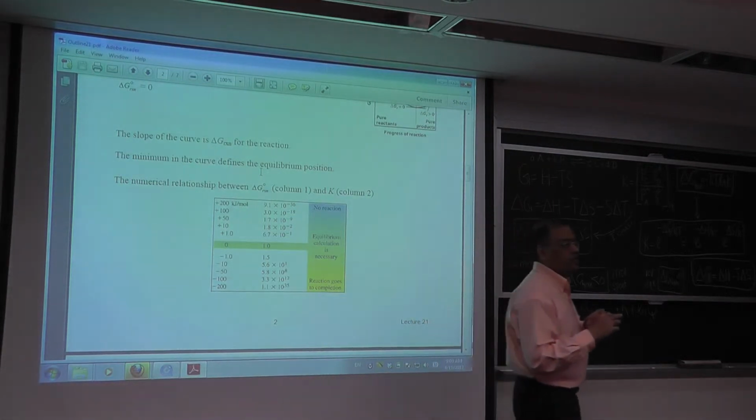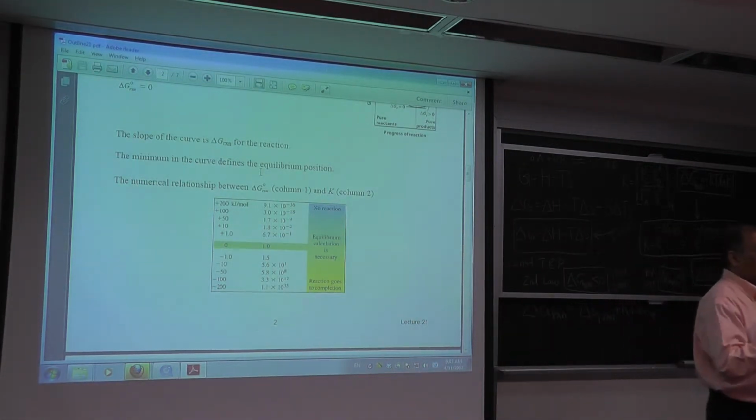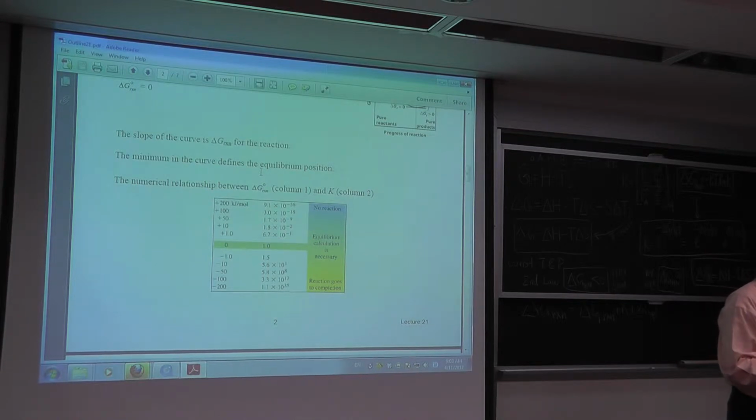If you're in the chemical industry, you want a reaction that has a very large equilibrium constant, a large negative delta G naught reaction. That means the reaction is very, very thermodynamically favored.